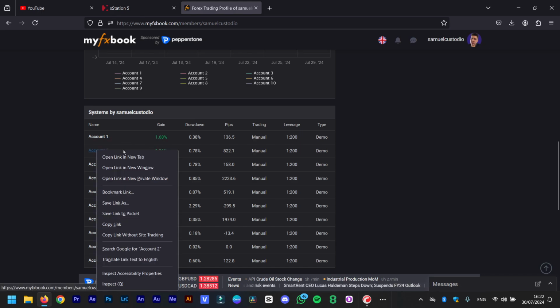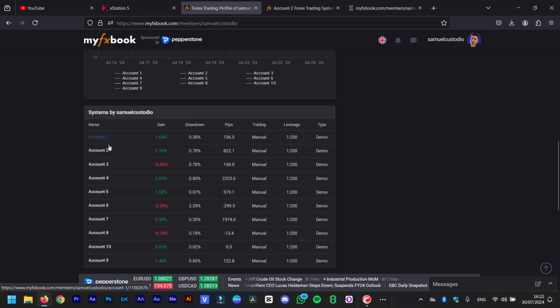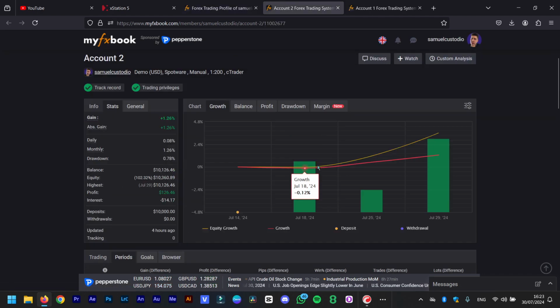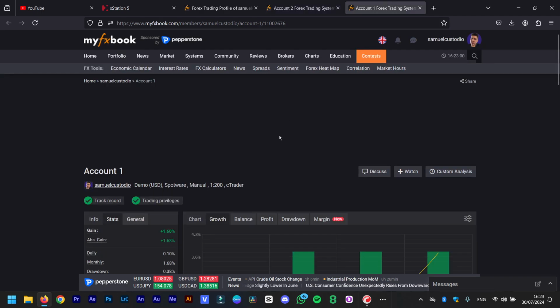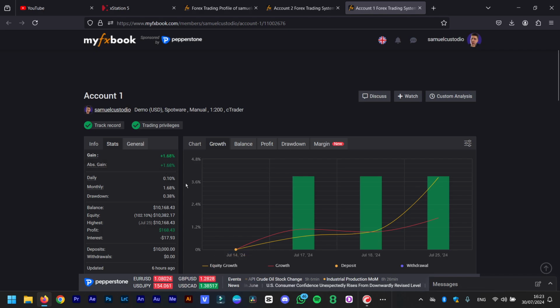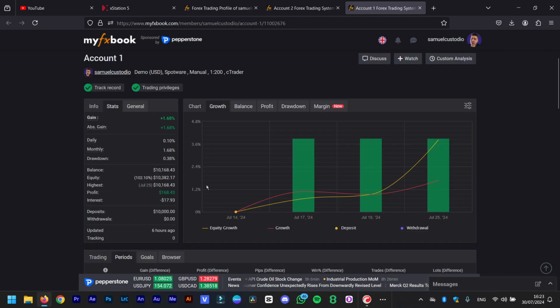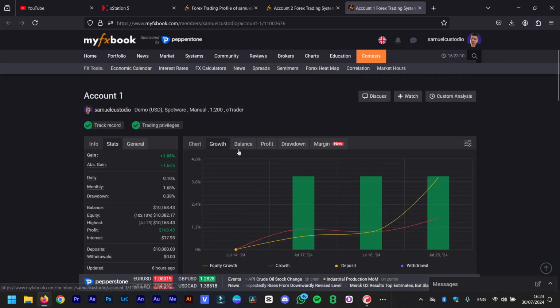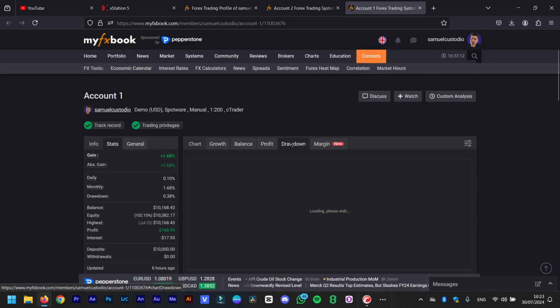So let me see account number 2. Let's see account number 1. That's pretty much it. So as you can see, guys, these accounts are going up. 1.26% of gain. This one's 168% in like 15 days or something. You can see the balance, the profit, drawdown, the margin.